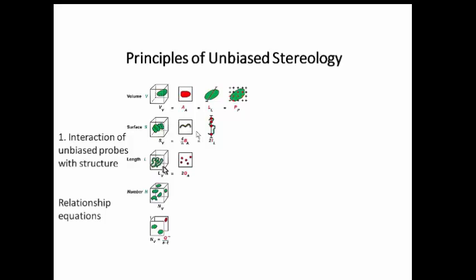For length, we are limited to just using an areal plane, as we look at here, in looking at the number of intersects per unit area. And when it comes to number, we'll talk some more about this, because it's such an important relationship: there is an inscrutable relationship between the number of profiles of an object and the total number of objects inside of a volume, and one will have to use a two-dimensional probe in order to accomplish this.